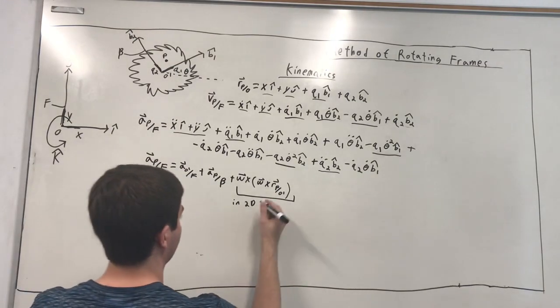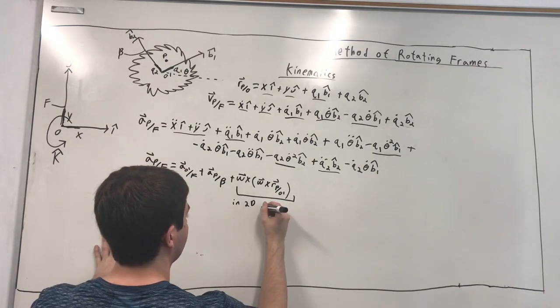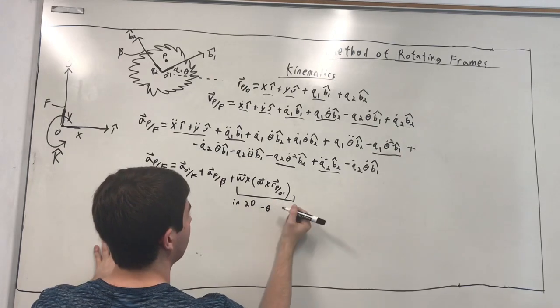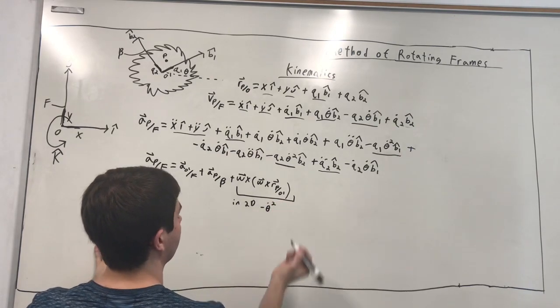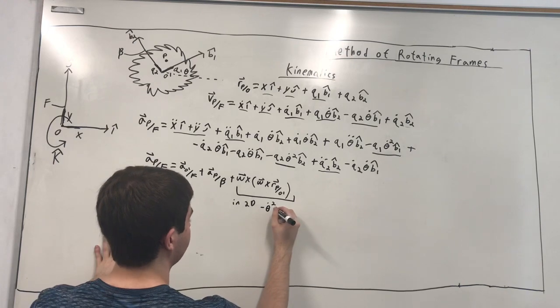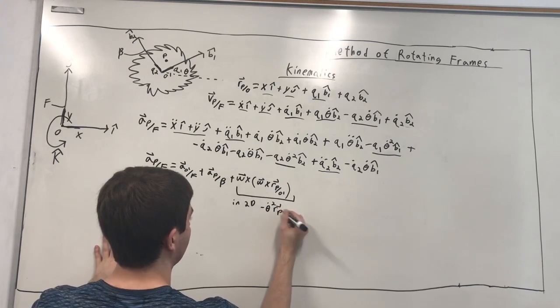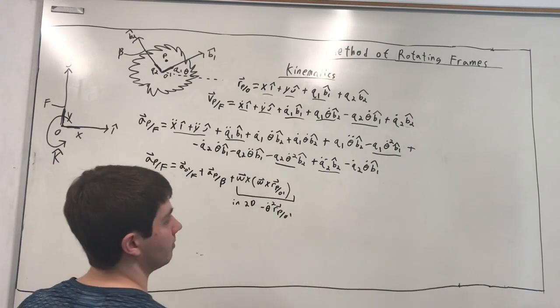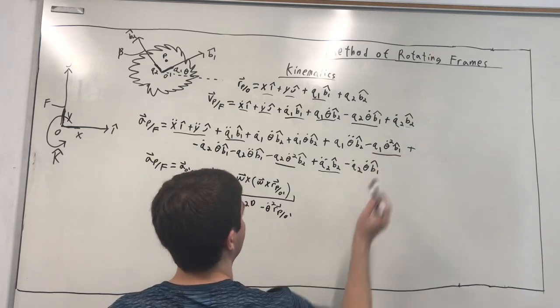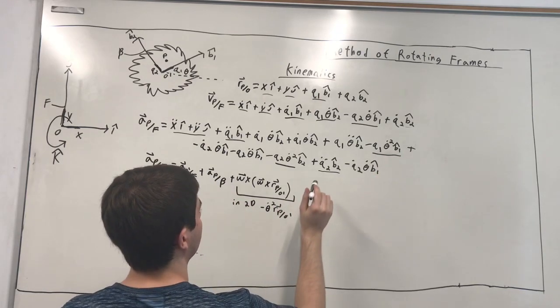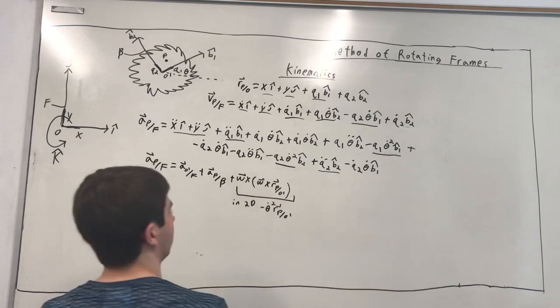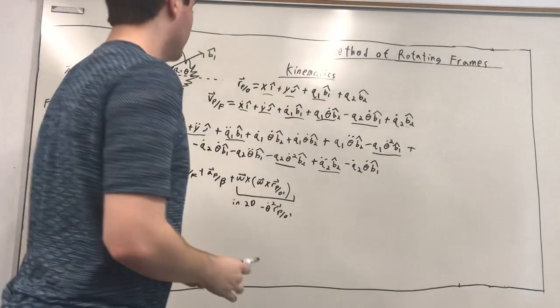I just had to double check. Didn't want to mess it up on you guys. Negative omega dot squared r of P with respect to O prime, which makes sense because you got your b1 and you got your b2 right there. Okay, sorry about that delay.